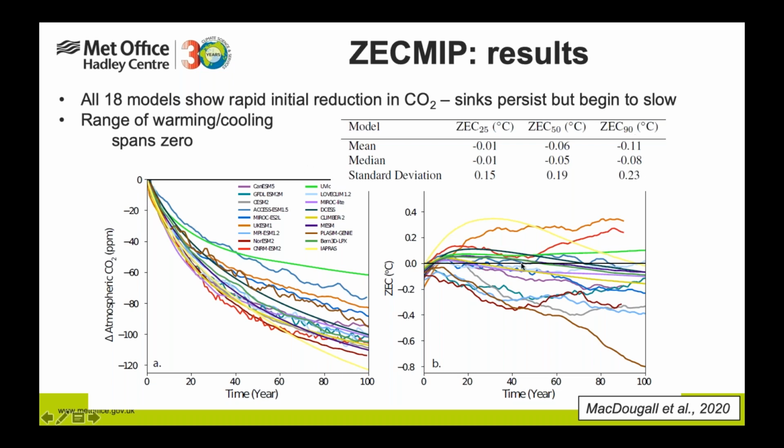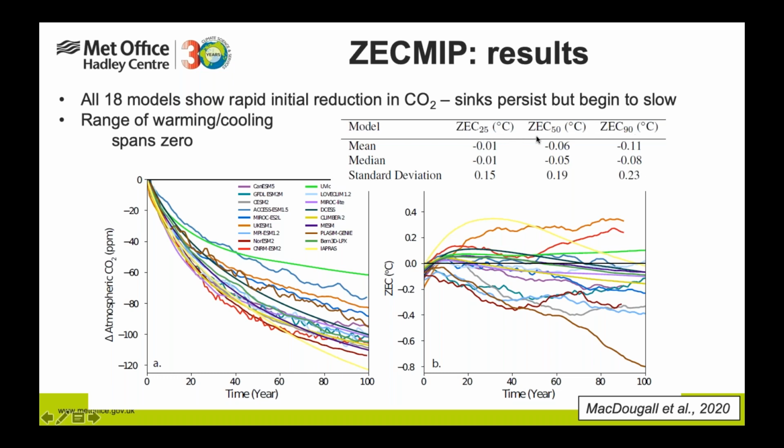And then the subsequent warming, that's the panel over here on the right, you see models cluster around zero, and some models cool, some quite markedly, 0.5 degree or more. Some models continue to warm, but this committed change relative to the stop point tends to cluster around zero, and you can measure it on different time horizons.